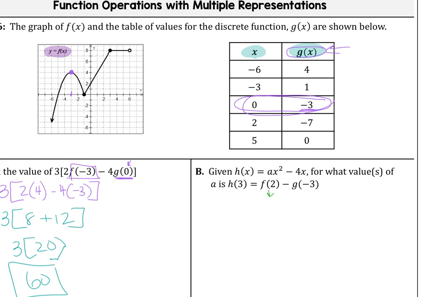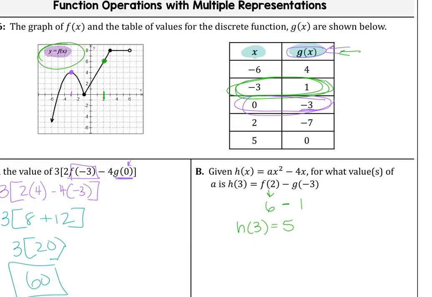Let's find f of 2. Going to the f graph, 2 is right there, 6, minus g of negative 3, so we go to g again, which is 1. So h of 3 equals 6 minus 1, which is 5.